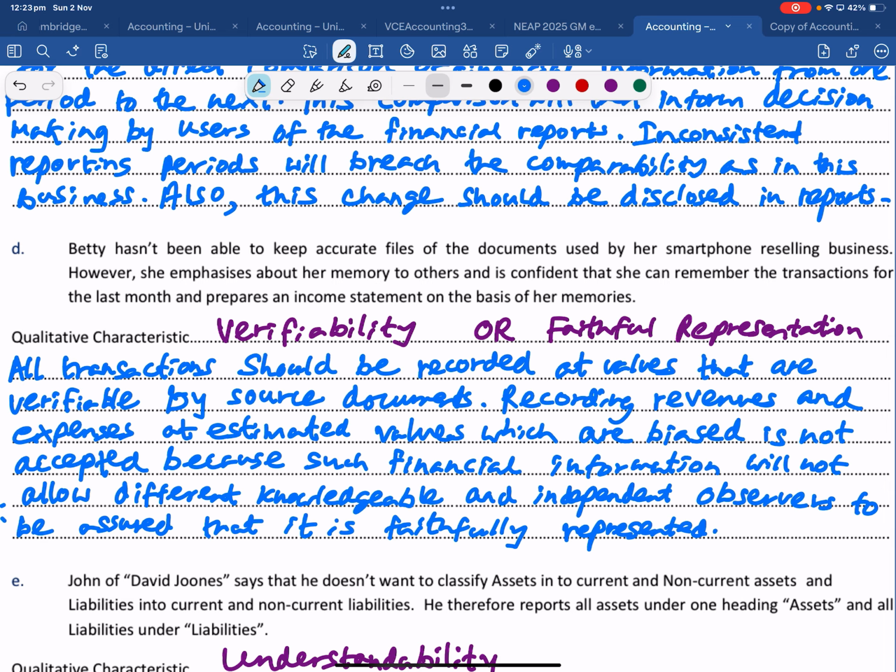Understandability? Very good. Why do you say understandability? Because when it's listed as current assets and non-current assets, and current and non-current liabilities, it's more precise and easier to understand. Yes, correct. Very good, Sandip. Understandability.